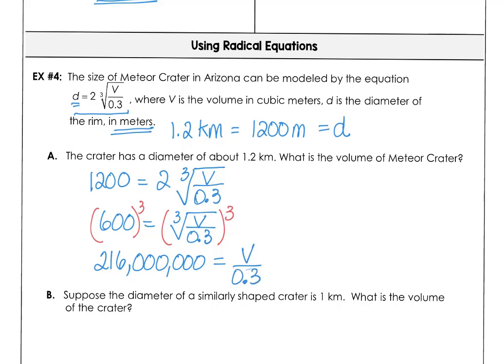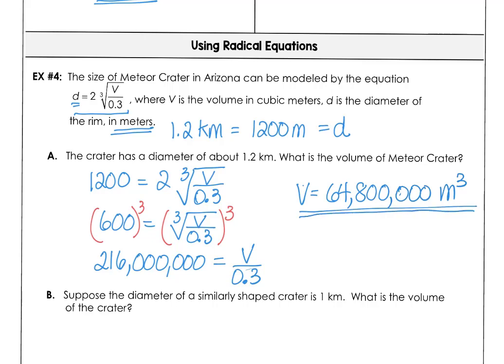So multiplying both sides by 3/10, the volume is 64,800,000. 800,000 cubic meters. The volume of Meteor Crater. Maybe we could fill it up with popcorn or something interesting.